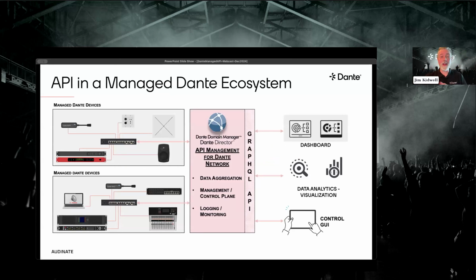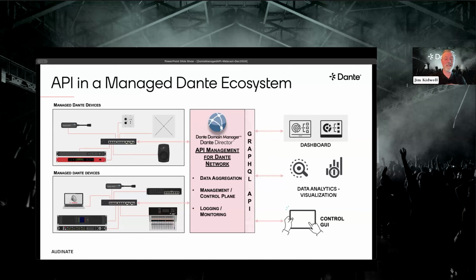So this is just another way of looking at it here, and how everything fits together. If you're working in an organization, here on the left, you see two different groupings of devices. This is what often a lot of the benefits that the Dante Domain Manager or Dante Director gives you. It allows you to sequester these two separate rooms into virtualized groupings so that they aren't necessarily routed in between rooms inadvertently.